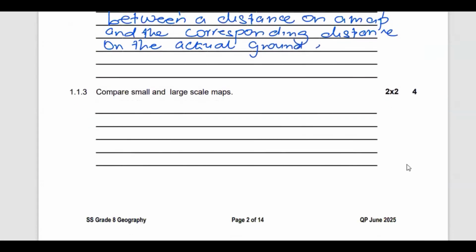Okay, then we have compare a small and a large scale. A small scale map covers a large area with less details, like the map of the world.